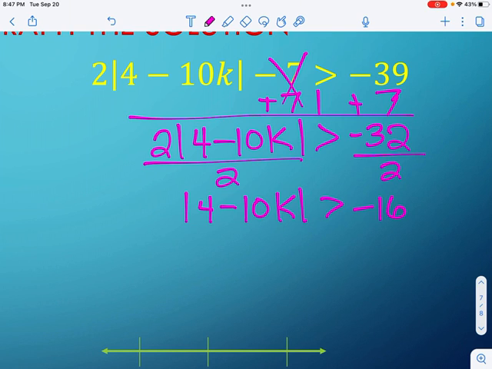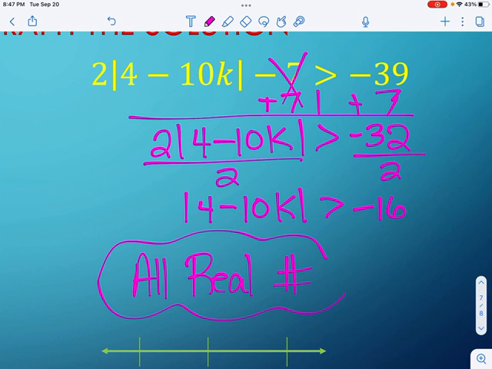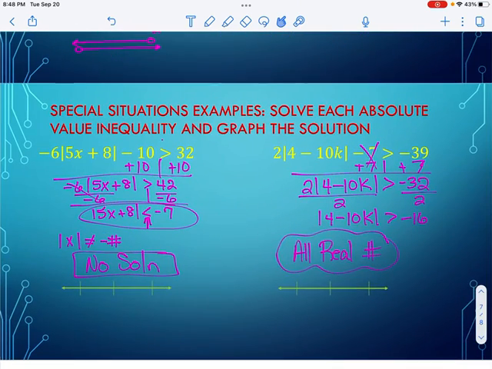It is never smaller than negative 16. It's never smaller or equal to any negative. It's always positive. So this is where we would say it is all real numbers. And that would be our solution. Now, like I said, this is a special case. It doesn't happen all the time, but it is a special case. And that is how we solve absolute value inequalities.